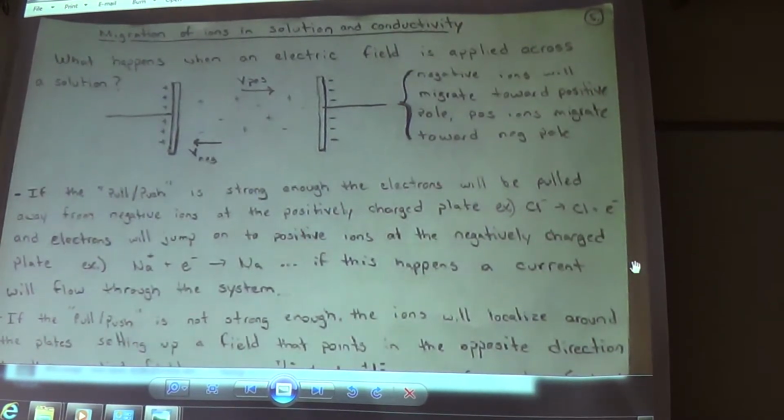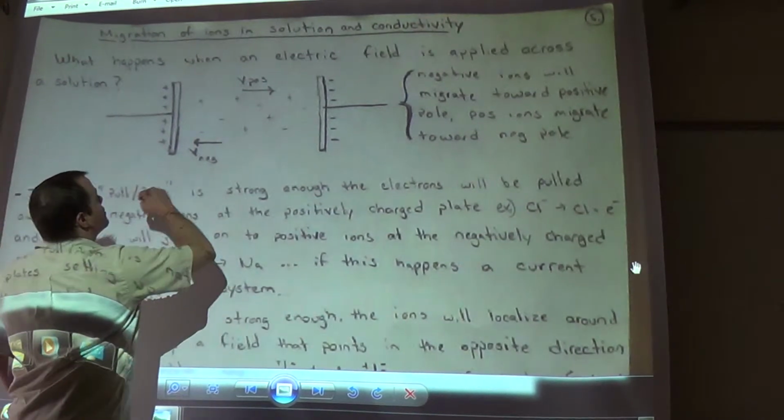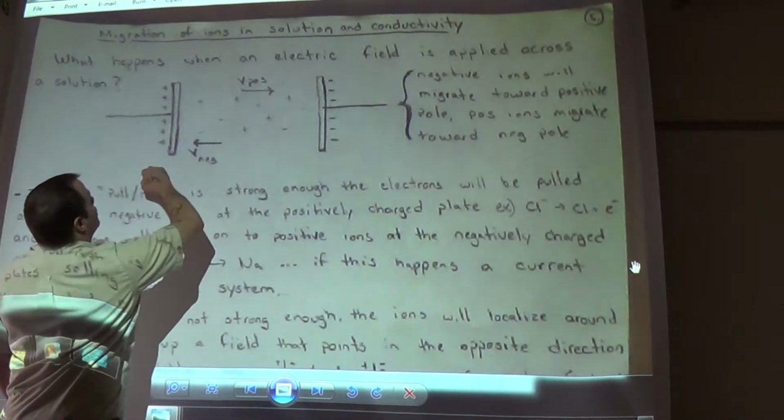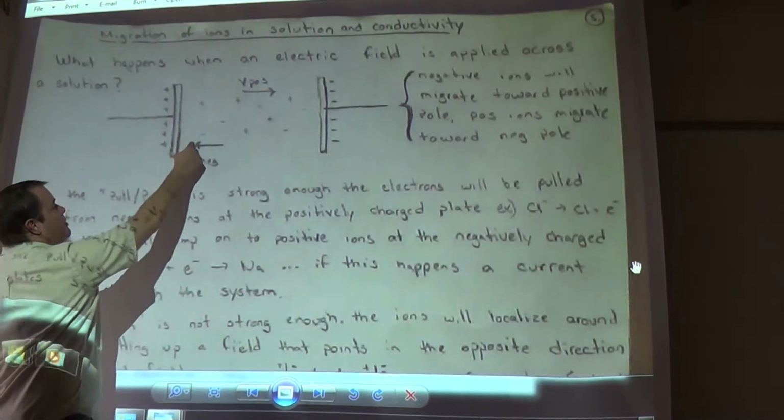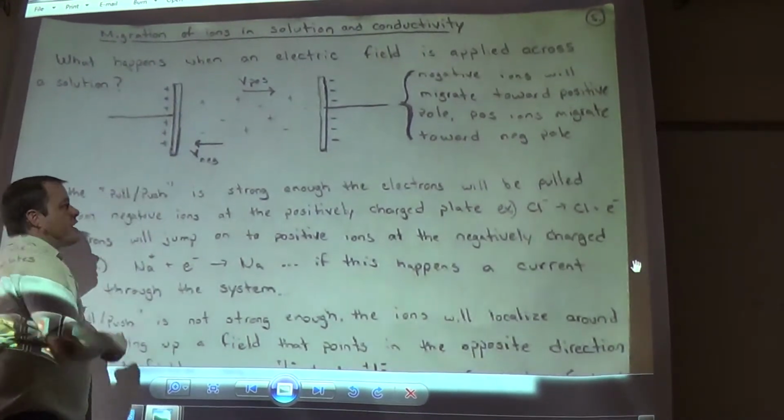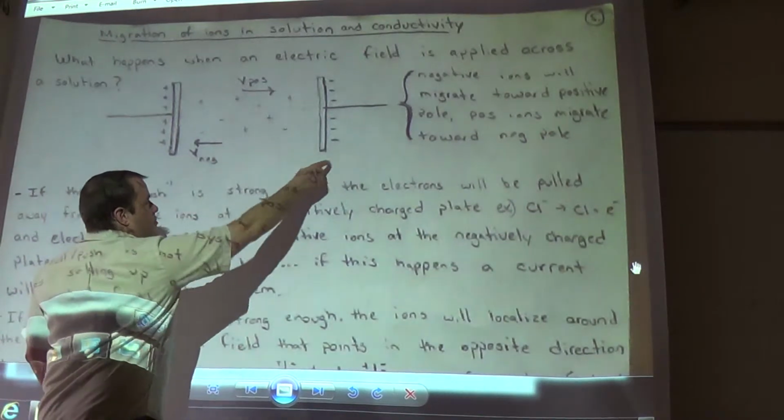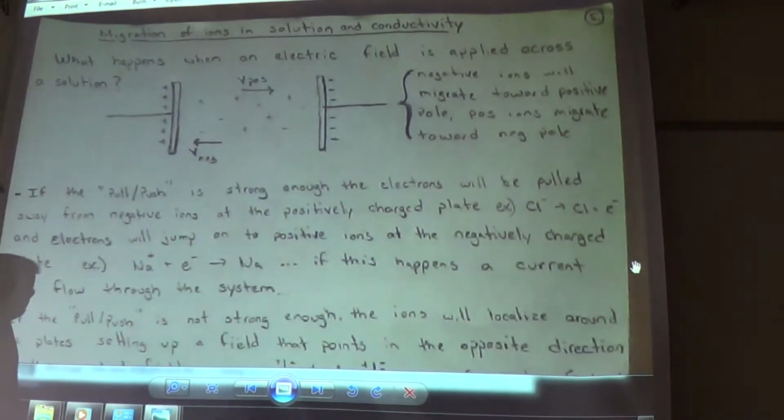This is what happens when a system is conducting electricity. Electrons are ripped off the negative ions that move over here until they go to that side, and the positive ions over here will pick up electrons.